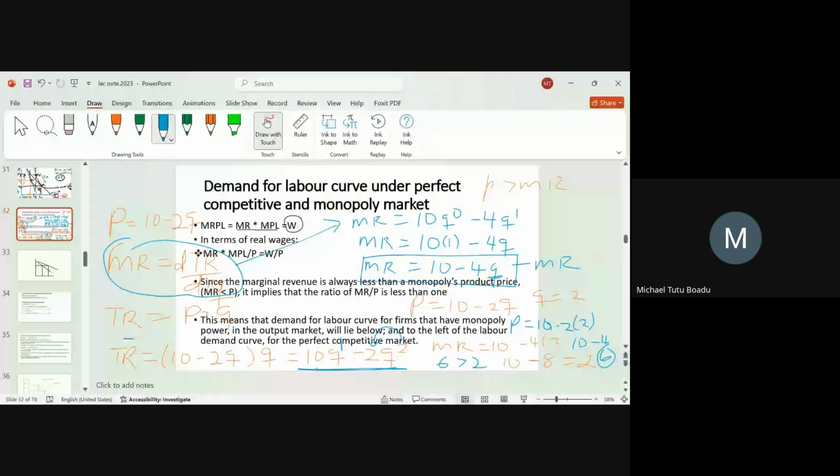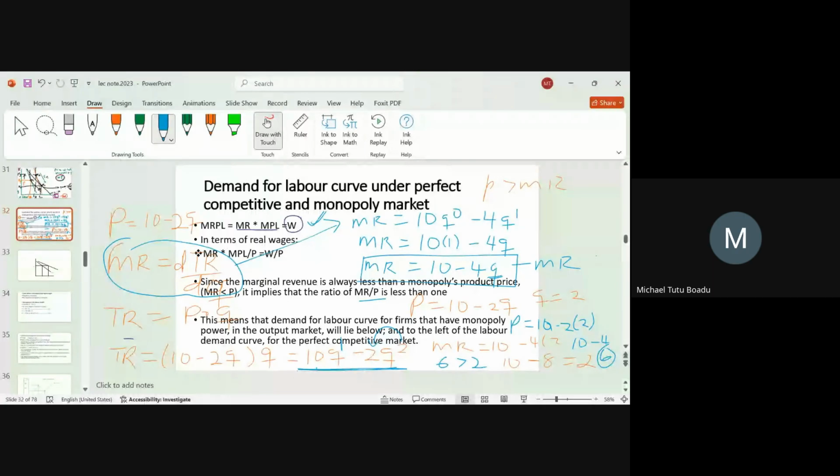So since the marginal revenue is always less than a monopoly's product price, it implies that the ratio of the marginal revenue to price is less than 1. It means it's less than 1. What that simply means is that the labor demand curve for the monopoly lies to the left of the labor demand curve for the perfect competitive firm.